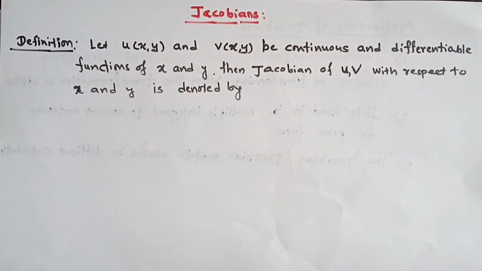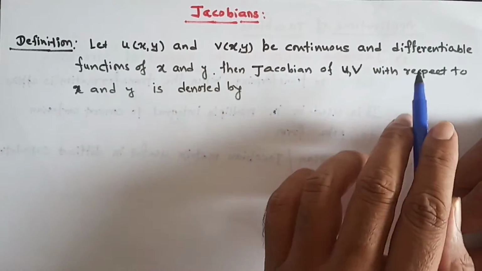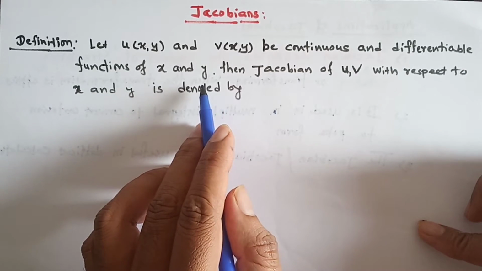So first of all, let us see what is the Jacobian or Jacobian matrix. Let u and v be continuous and differentiable functions of two variables x and y.